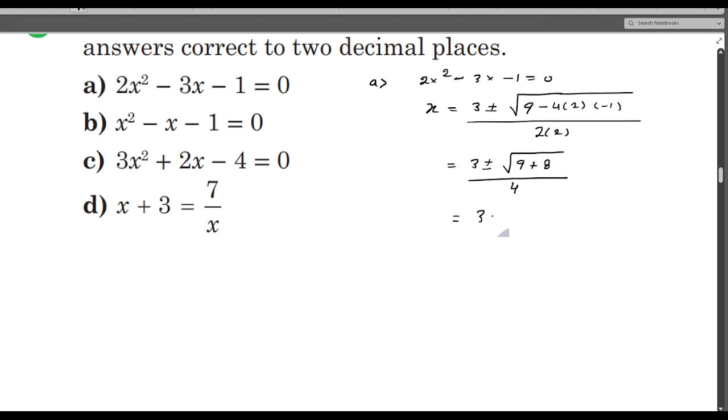So this is 3 plus minus root of 17 whole divided by 4. So your one answer for x is 3 plus root 17 divided by 4, or your other answer is x is 3 minus root 17 divided by 4.